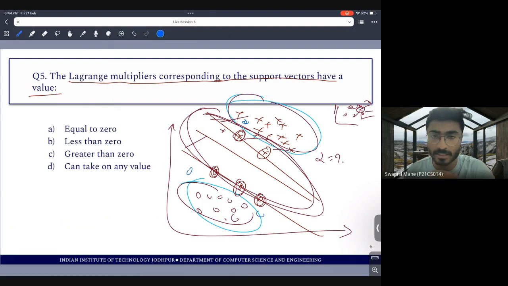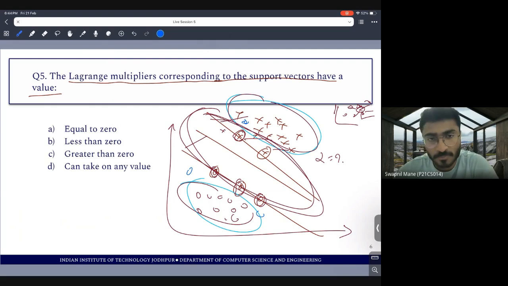That's why we require only the support vectors. The advantage of the support vector machine is that it doesn't require much space to store all the training points. We store only the support vectors, and based on them we can easily predict new points.